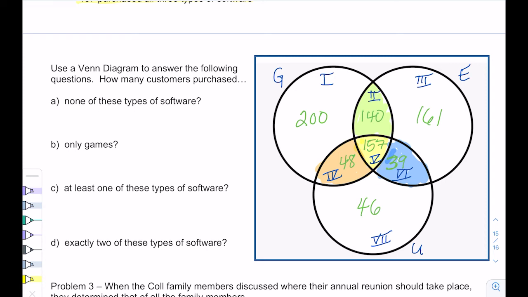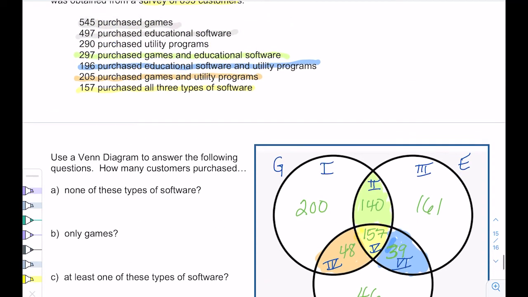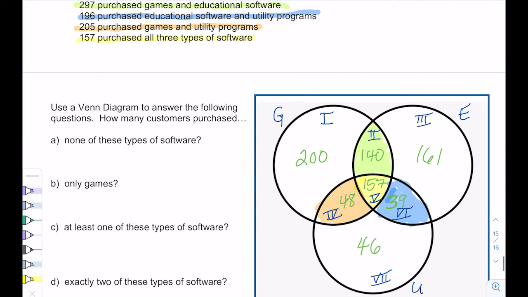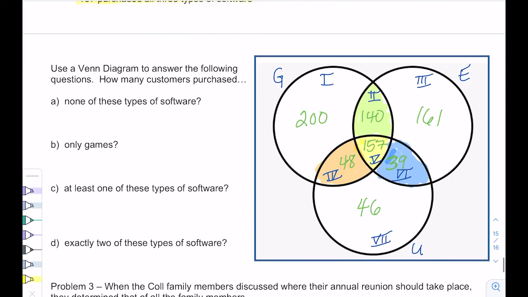Now, to get the rectangle, I need to add all of those numbers and subtract it from the total number of people that were surveyed, which was 893. So I'm going to add up 200, 140, 161, 48, 157, 39, and 46.